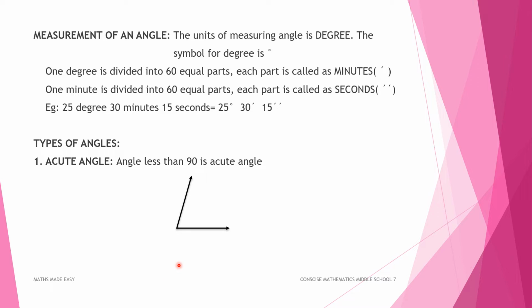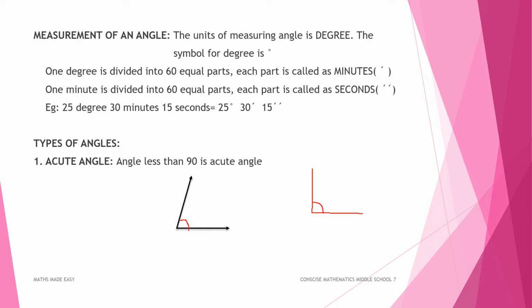Here, see, an angle is formed with these two lines. Over here the angle is formed, and here we all know that it is 90 degree.